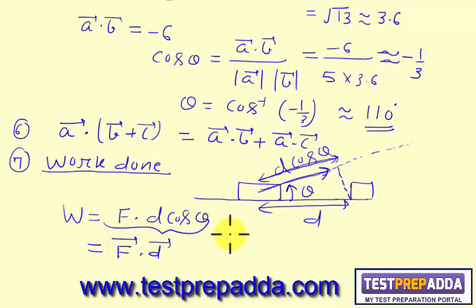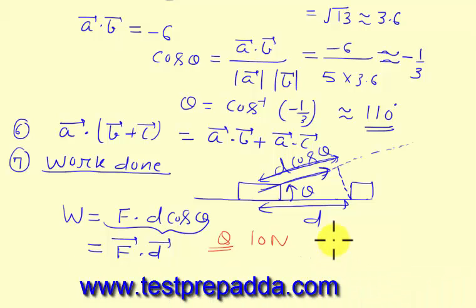So if I give you a question which says, suppose a force of 10 Newton acts on a body in vertically upward direction, and the body is displaced 2 meter in vertically downward direction. Find the work done.